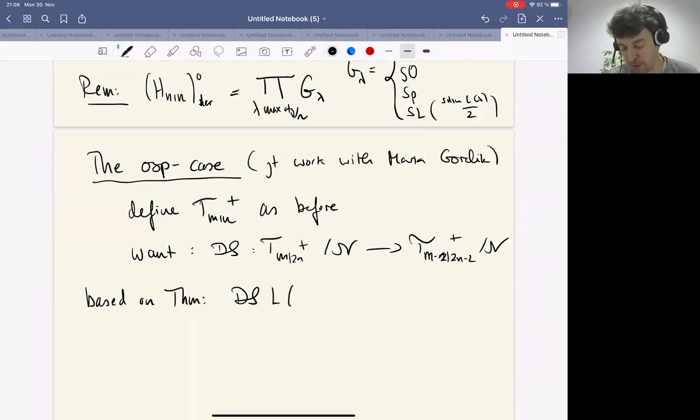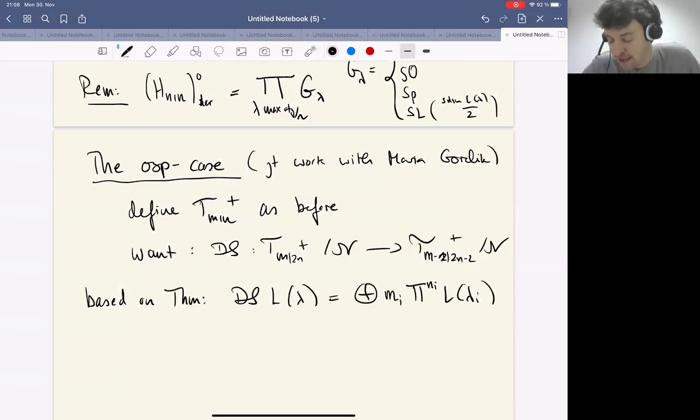So if you apply this to an irreducible representation, then this is again semi-simple. There's a certain multiplicity here. There are possible so-called parity shifts. And irreducible representations L_{λ_i}. These L_{λ_i} are completely explicitly given, exactly like for GL(m|n).